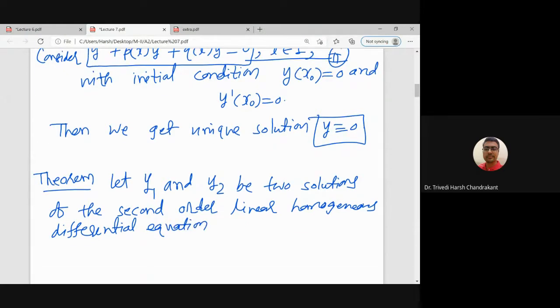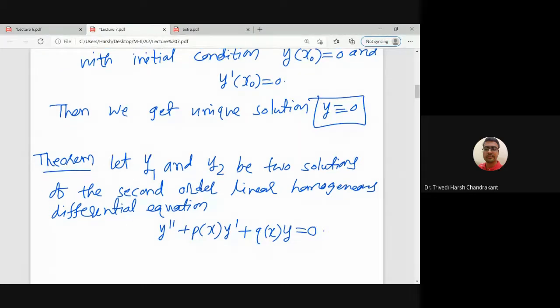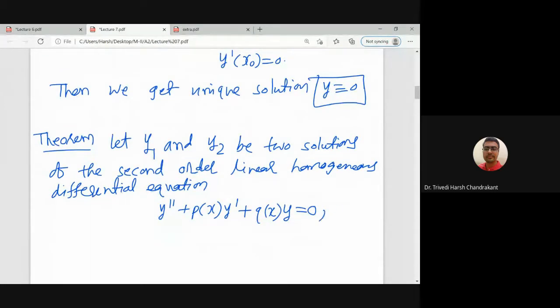We are not considering an initial value problem here. First, we are considering only the differential equation, y double dash plus p(x) y dash plus q(x) y is equal to 0. Right. So we have two solutions of this homogeneous differential equation over the interval I.